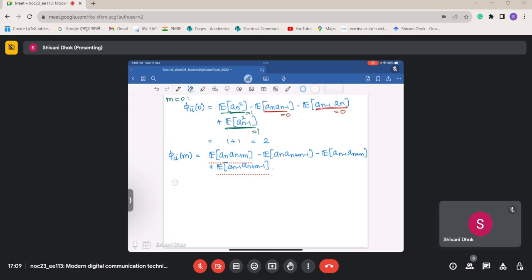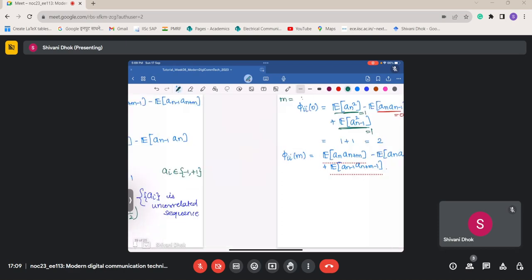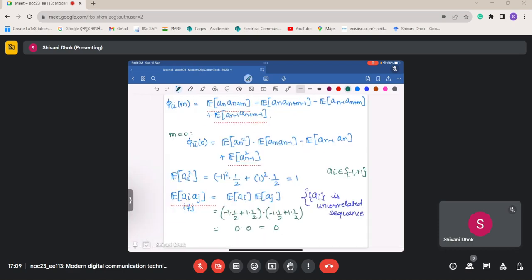Or, instead of going case-wise, let us say that we have phi_aa of m equal to expectation of a_n into a_(n+m), and this comes out to be equal to 1 if m equals 0, and it is 0 if m is not equal to 0.